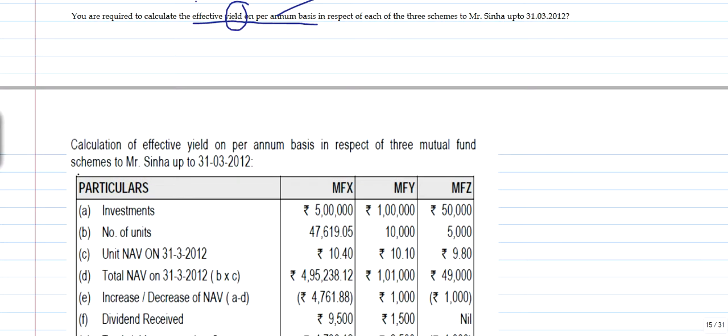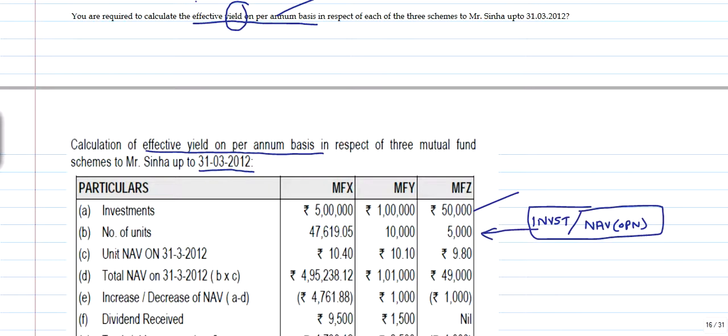So, calculation of effective yield on a per annum basis in respect of 3 mutual fund schemes for Mr. Sinha up to 31st March 2012. The investment is given. Number of units, how to get units? We have investments divided by NAV opening while purchasing.